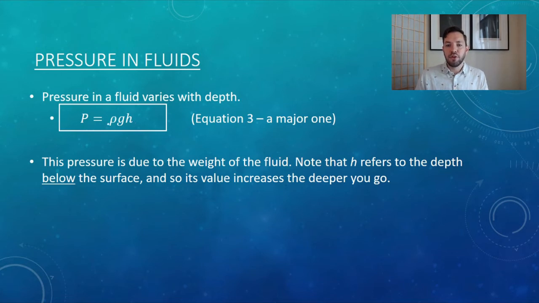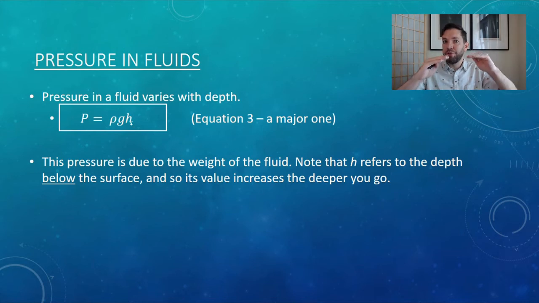Now this is rho, which is the density of the fluid, g, our old friend, 9.8 meters per second squared, and h. Now this is the depth in meters. Now we've used this as height, so we talk about the height in meters above the surface. Here we're actually using this for the depth below the surface, which is just a little bit different.